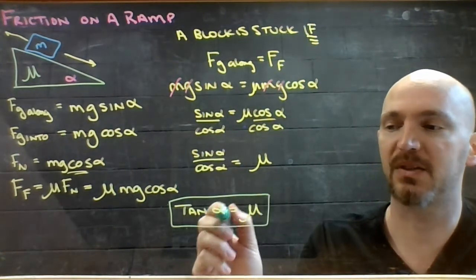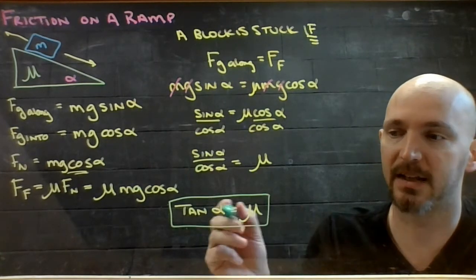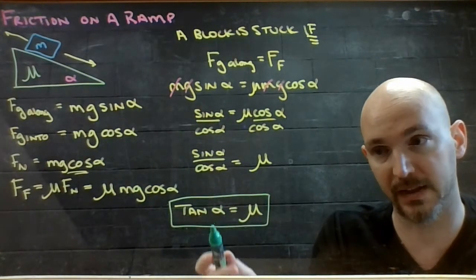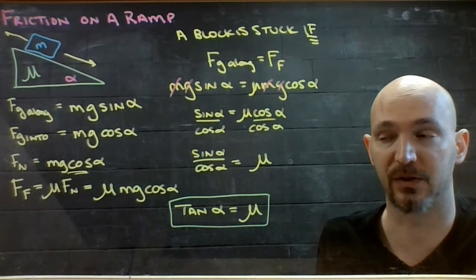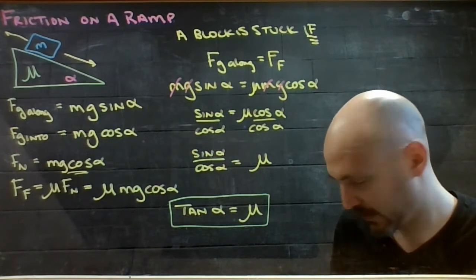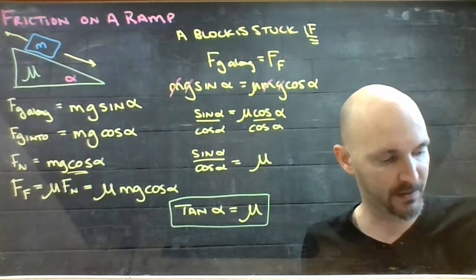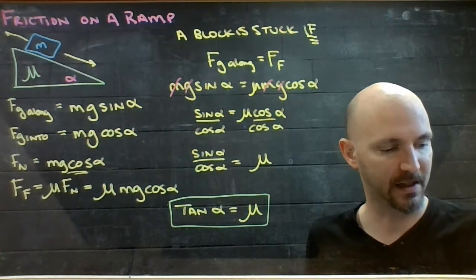So how steep can I make this ramp before something starts to slide? And it's just a direct relationship like this between the angle you tip the ramp at and the coefficient of friction. So if I were to just grab a random material, let me see if I check my table.